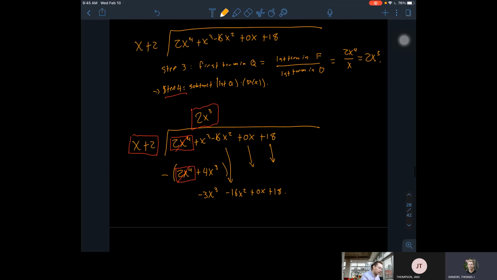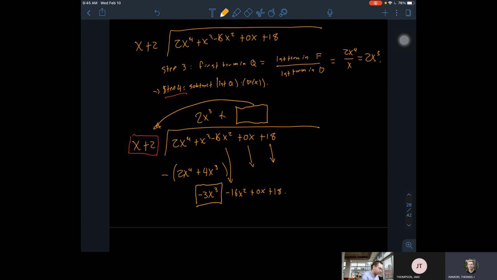Okay. And now I'm going to repeat this step. And the process, I'm going to choose it in the same way. I want this next term of this quotient here to be a number such that when I multiply it times this thing, the first term is going to cancel out with this negative 3x cubed.